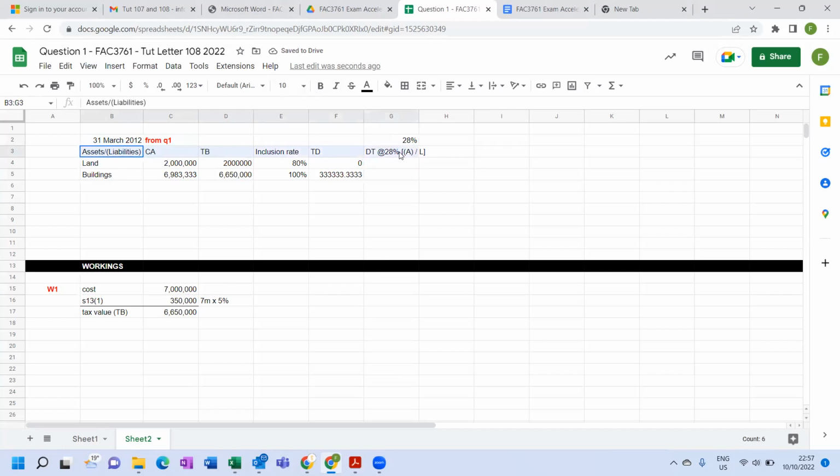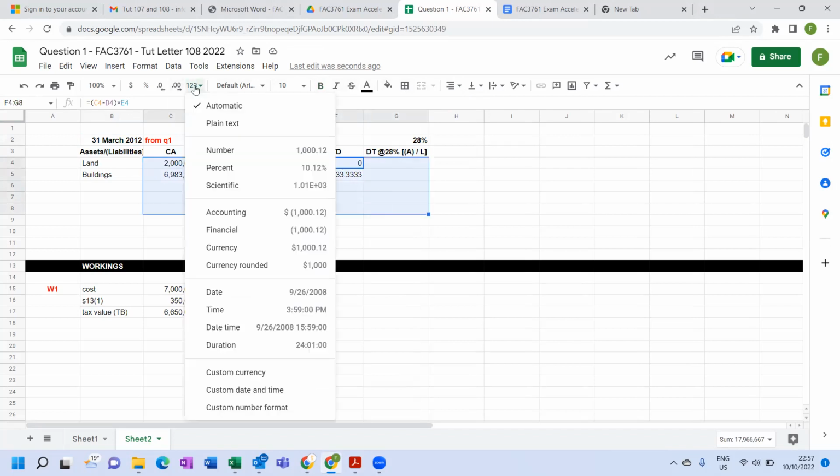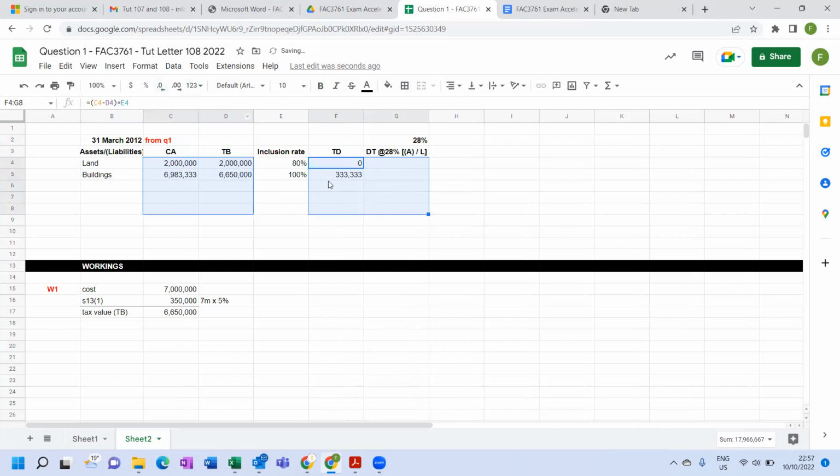Then the deferred tax will simply be the temporary difference times 28%. It's a positive, so it is a liability.